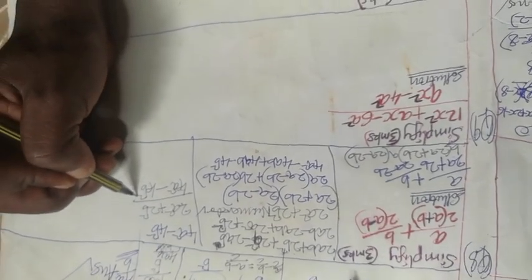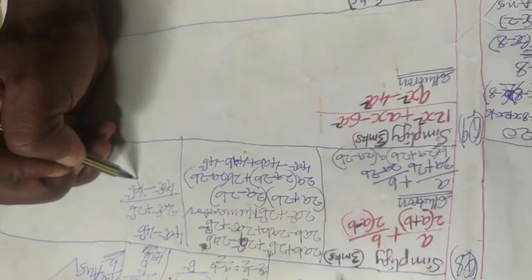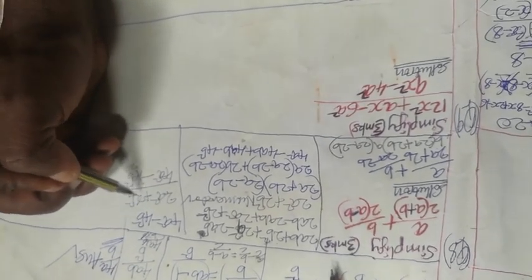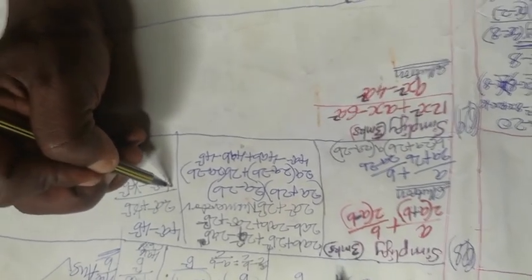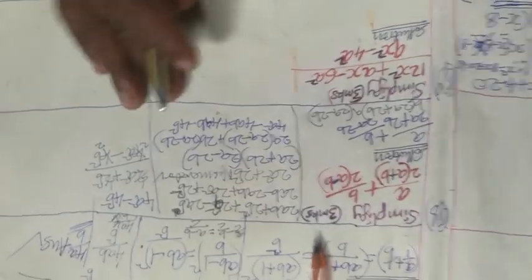We are going to cancel here. By 2 we get 2, and by 2 we get 1; by 2 we get 2, by 2 we get 1.